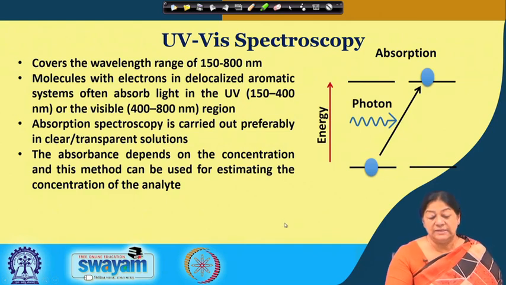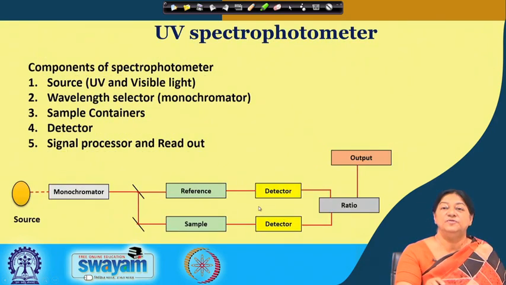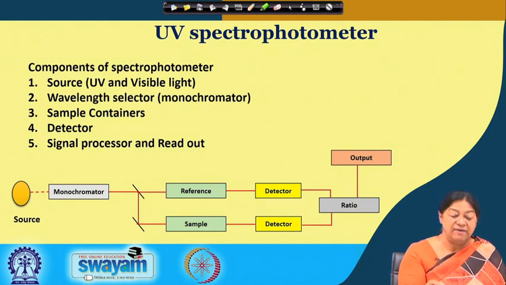When we look at the UV visible spectrophotometer, what does it look like? It has a source. It has what is called a monochromator. What does a monochromator do? It selects a wavelength.